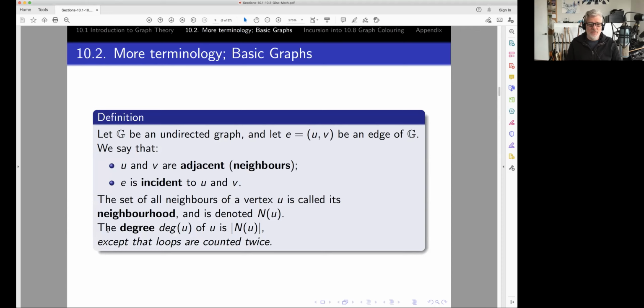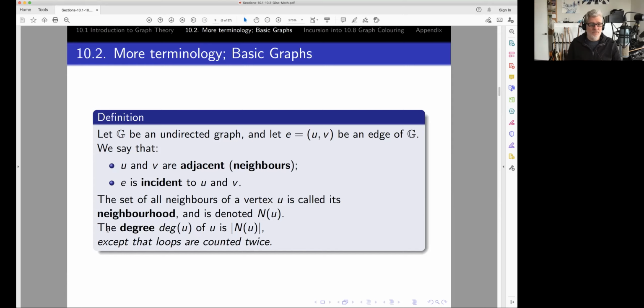U and V are said to be adjacent or to be neighbors because there's an edge in between them, right? And if we're talking about the edge, we'll say that it's incident to U and V, okay? If I have a vertex U in a graph, its neighborhood is the set of its neighbors, and that's denoted N(U).